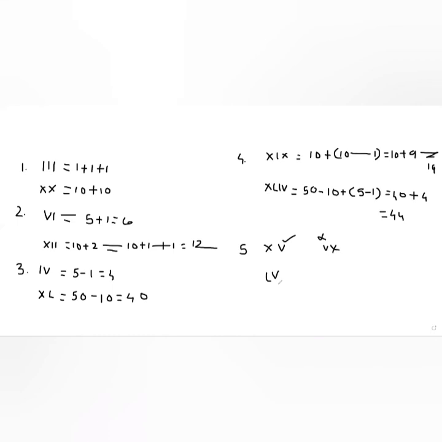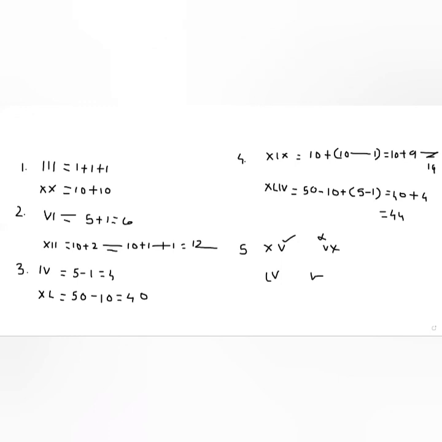So the bigger number first, the smaller number after. LV we can write because L is 50 and V is 5. LV, that is the greater number first, the smaller number second. VL we cannot write.